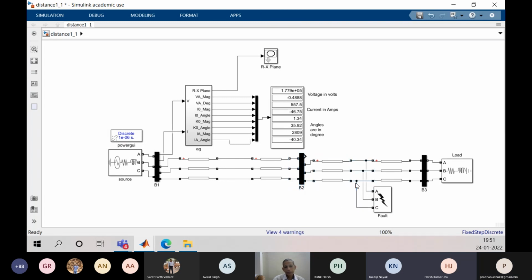The corresponding readings we can get here: VA magnitude, VA angle, I0 zero sequence current magnitude and angle, then zero sequence current compensation factor magnitude and angle, and this is the A phase current magnitude and angle. These are the values serially. Angles are provided in degrees, current in amperes, and voltage in volts. So let me run it.